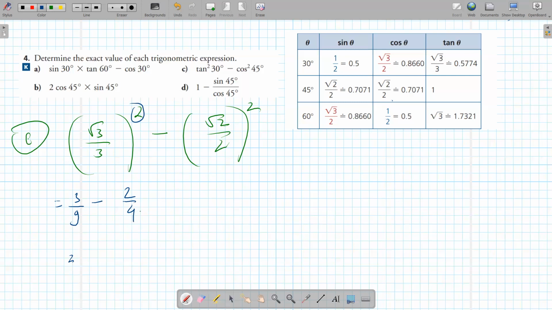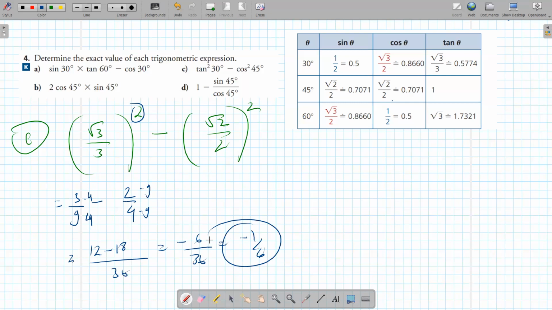It is. And multiply this by 9, multiply this by 4. A quick way to finding the LCD is you just multiply the denominators. You have to check for that. Half of 36 is 18, which doesn't work for 4, so it is 36. So you get 12 minus 18 over 36, so you'll get negative 6 over 36, which is minus 1 over 6, and you're done. Okay?